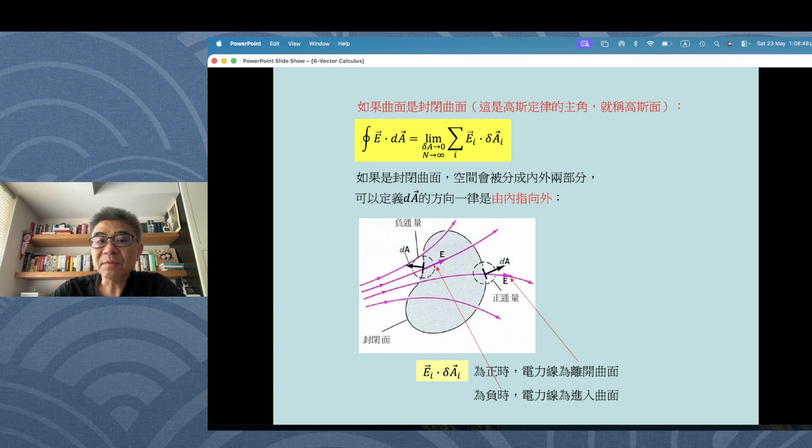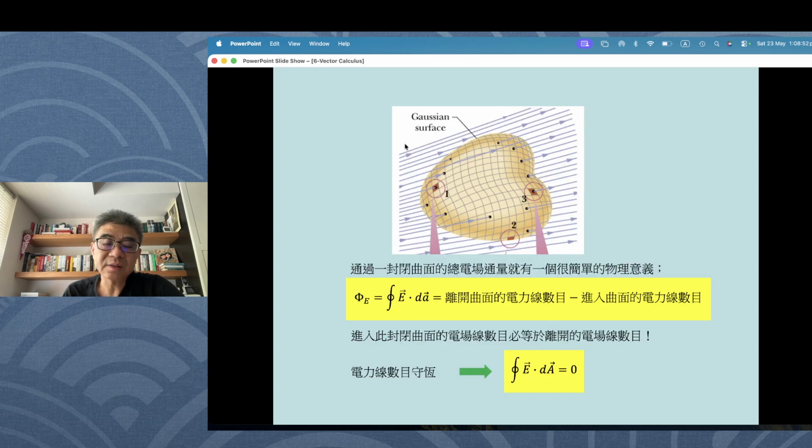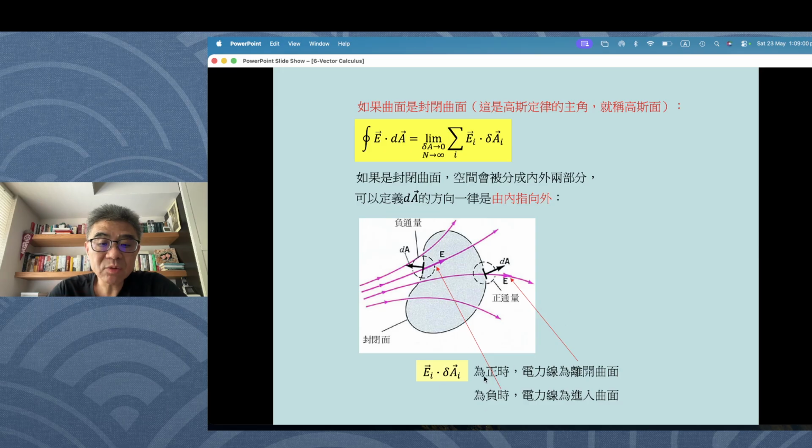Anyway, if I define the electric flux in this way, then it has a very simple physical meaning. The electric flux, as I have said, is about the number of electric field lines flowing through the surface. If a line is leaving the surface from inside out, then its contribution is positive.